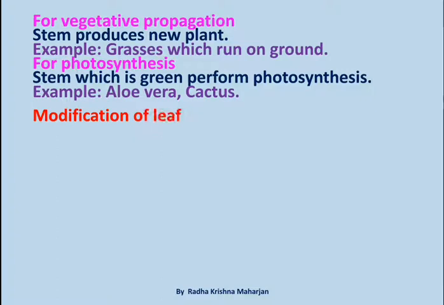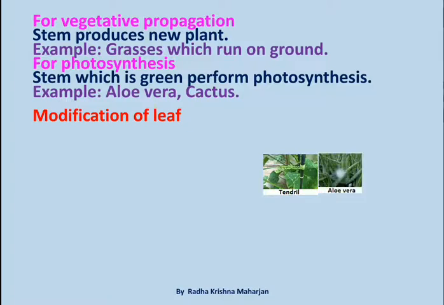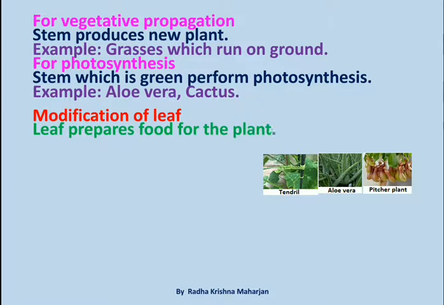Modification of leaf. Leaf prepares food for the plant.